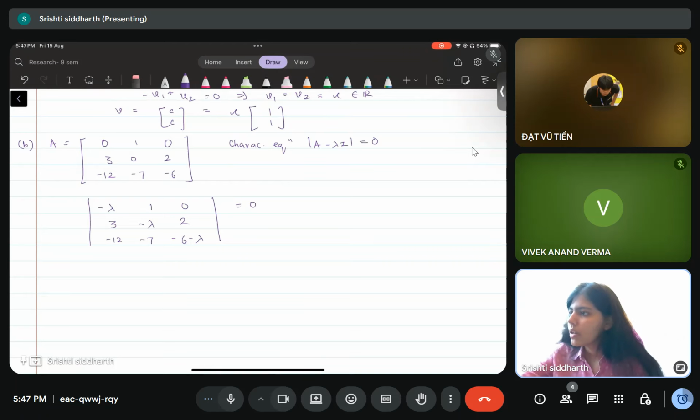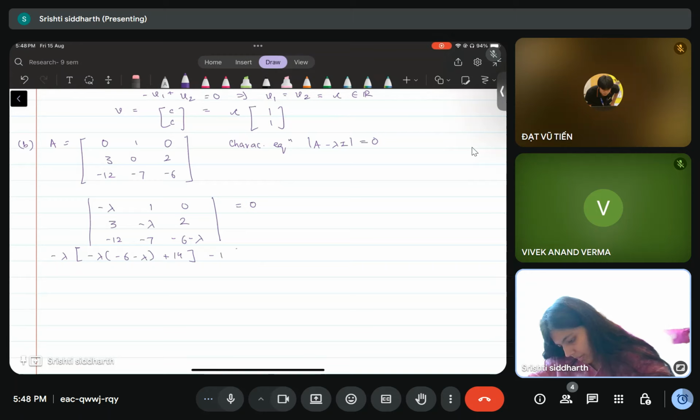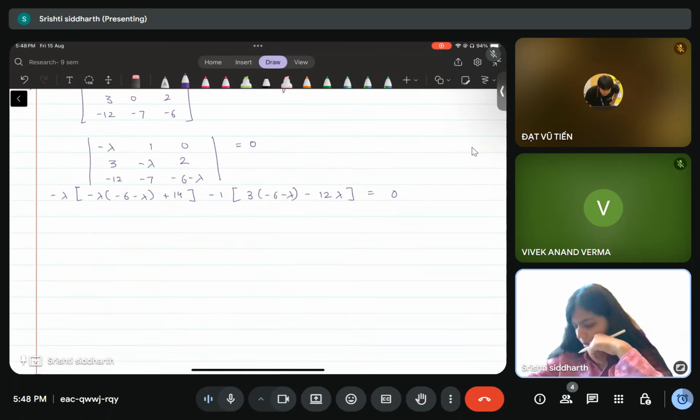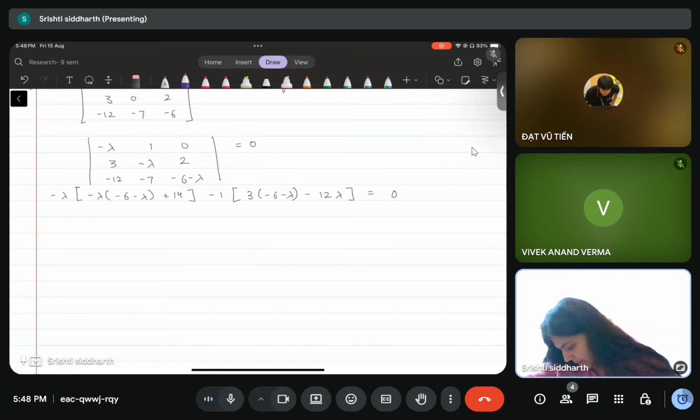Alright, so let's see. This is going to be minus lambda, plus 14 minus 1, and then minus 12 lambda. So let me know if the calculations are incorrect, I'll change them. Let me just check this once.